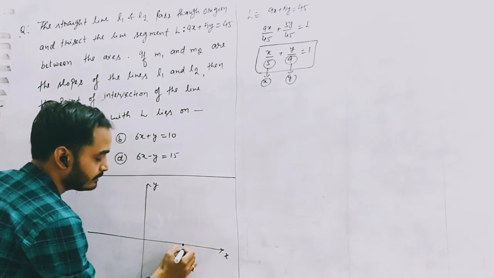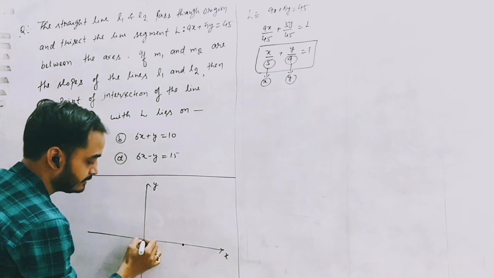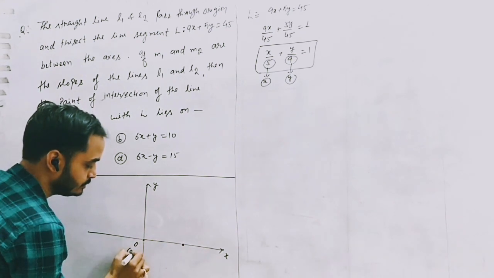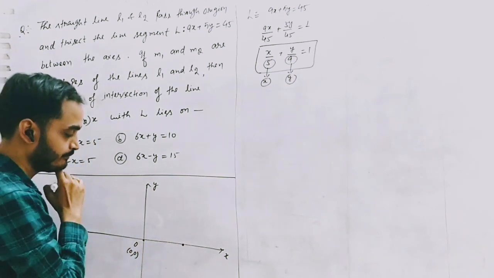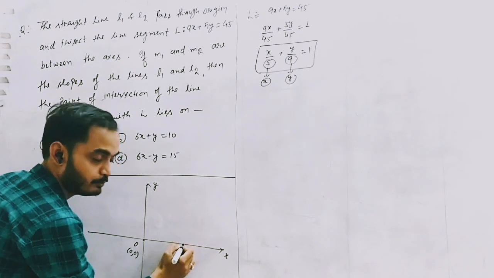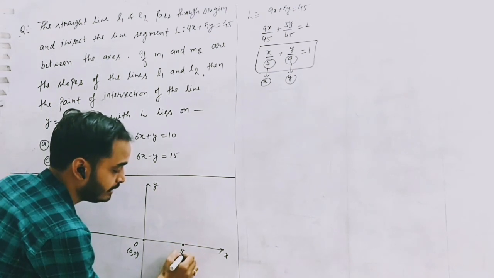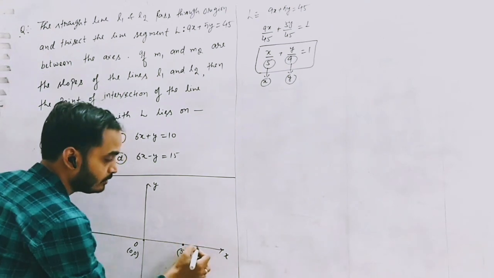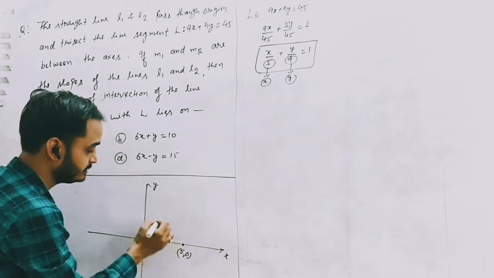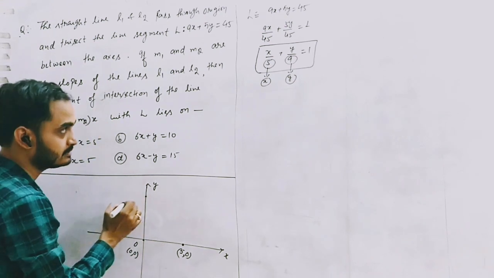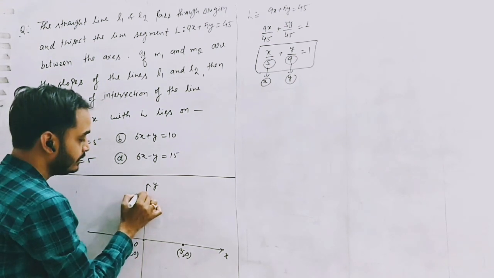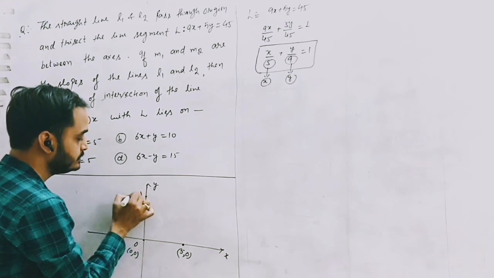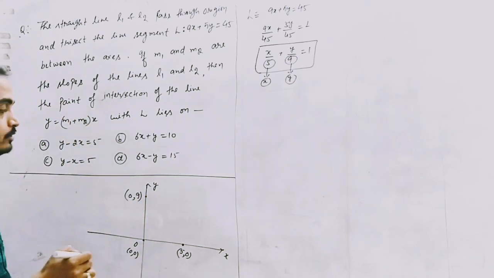If this is the origin having 0, 0 as its coordinates, the x-intercept point will have coordinates 5, 0, as the y coordinate on the x-axis is 0. Similarly on the y-axis, the y-intercept will be 9 and the x coordinate will be 0. So this point will be 0, 9.